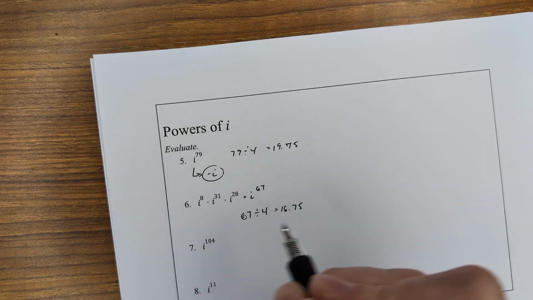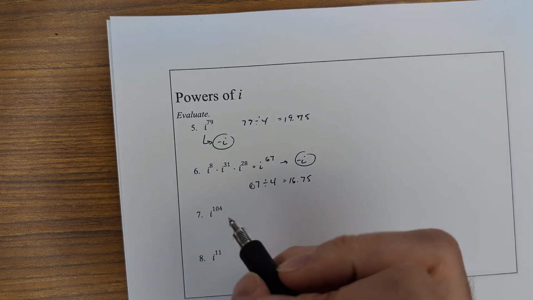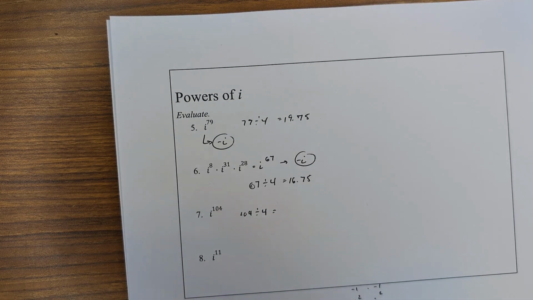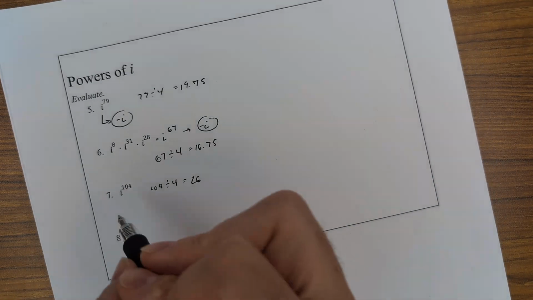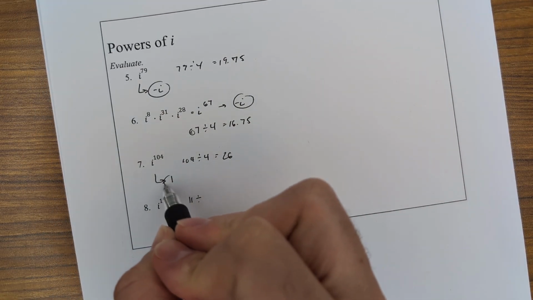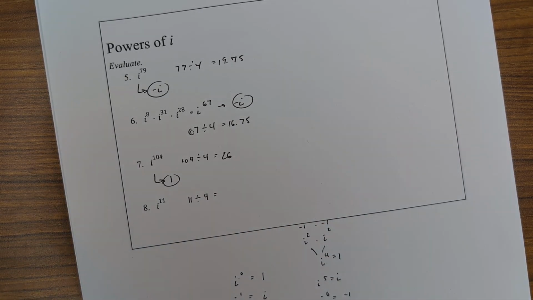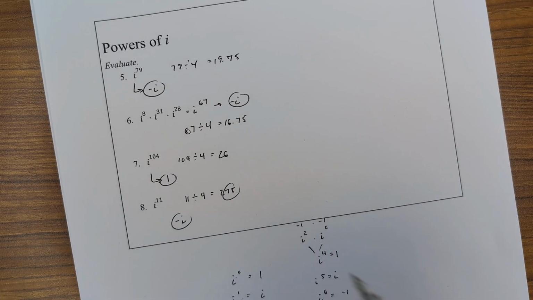So 0.75, once again, means that this is also -i. 104 divided by 4 is, I don't know, it's going to work out evenly, 26. So that is a whole number. So this is just 1. 11 divided by 4 is what? 2.75. So it ends in 0.75, so -i again.